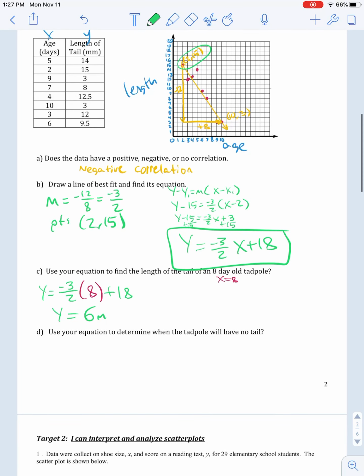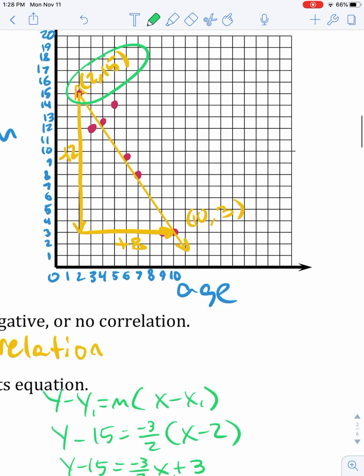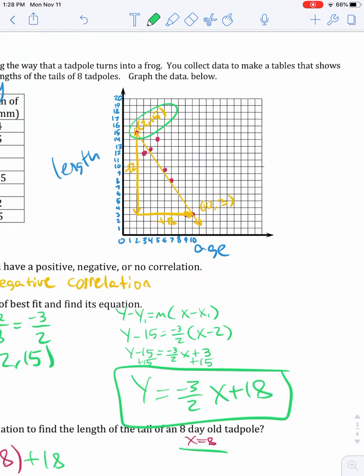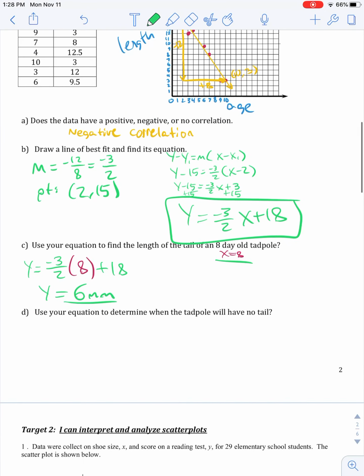Let's find out. Let's look at that (x, y). Let's look at (8, 6). Does this seem to make a little bit of sense? (8, 6)? Yeah, that looks like it would fall right on the line. So that's a reasonable answer, and that is our answer. We would predict the length to be 6 millimeters by plugging into that equation.